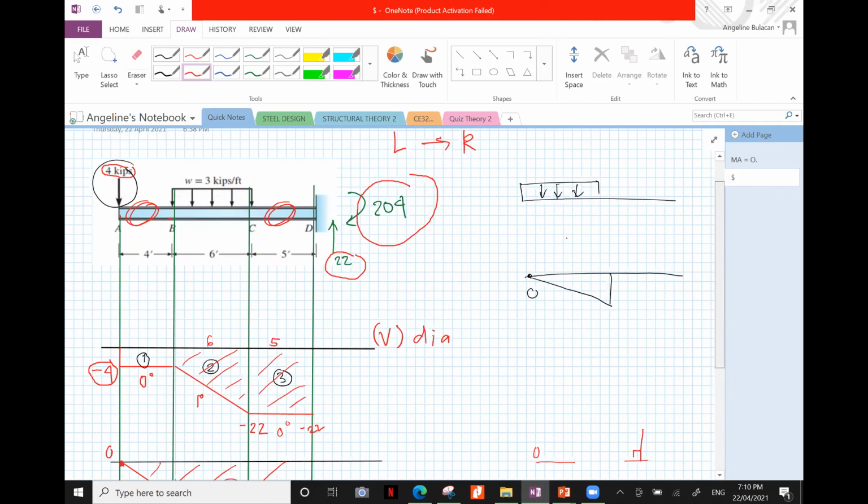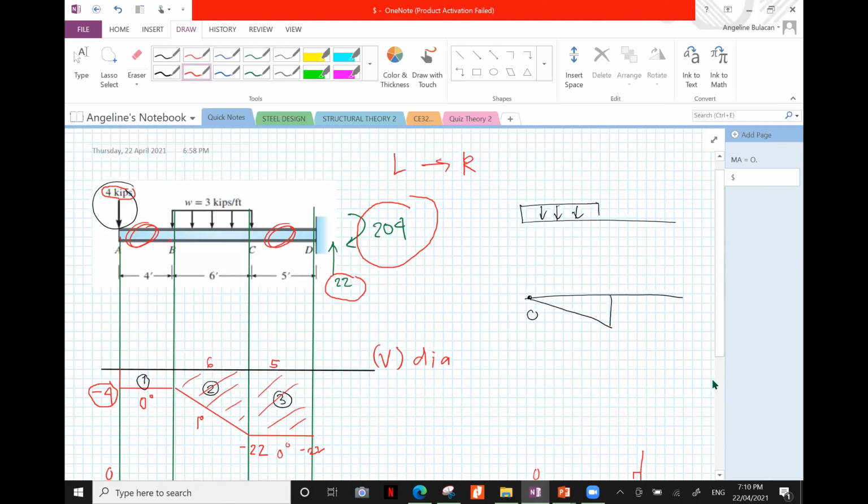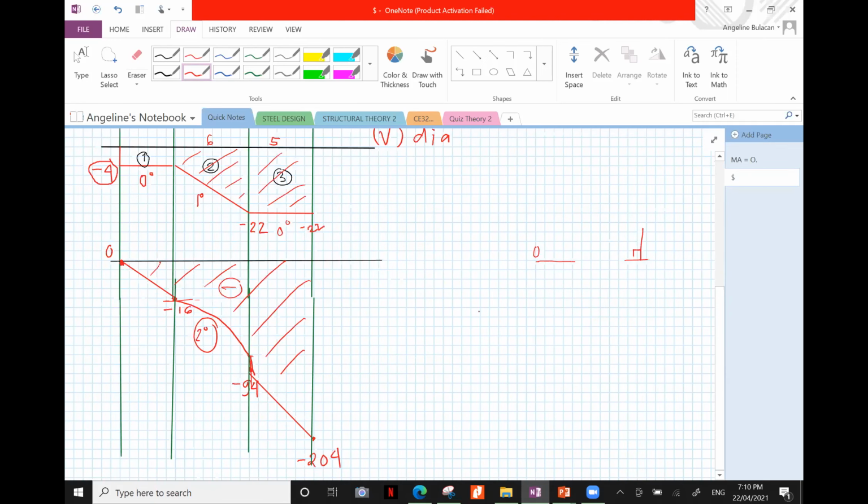Again, this is drawing the shear and moment diagram by analyzing the beam. Pwede din naman na gamitin nyo yung equation. Okay, so, balik tayo. So, this is your shear and moment diagram.